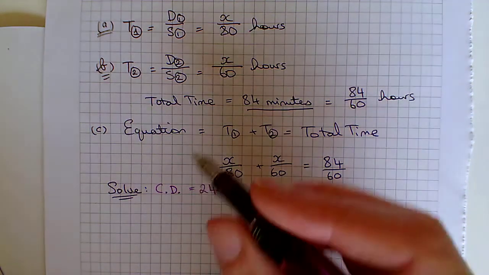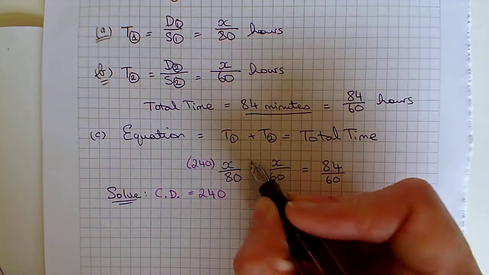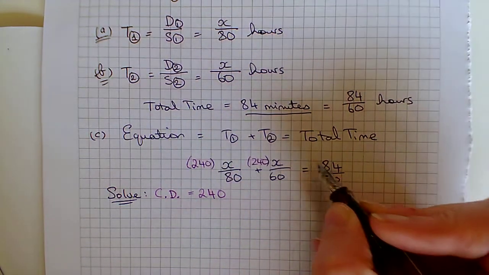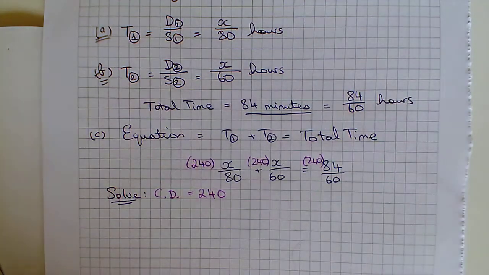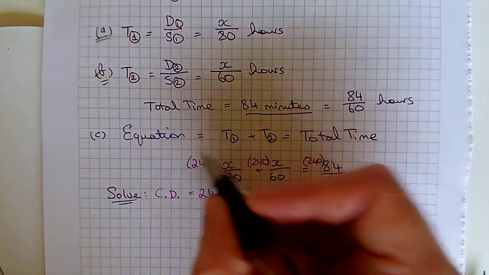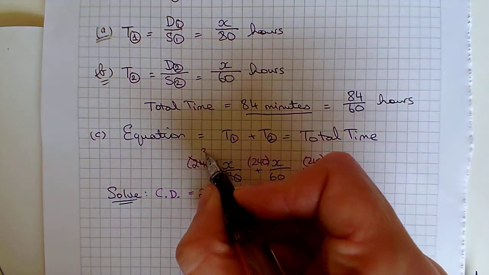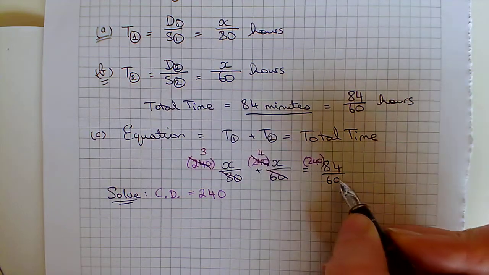You'll get really big numbers as you're working it out. But you will get the same answer in the end. And then remember, we multiply each term by 240, and we divide in. So 80 divided into 240 goes 3 times. 60 divided into 240 goes 4 times.